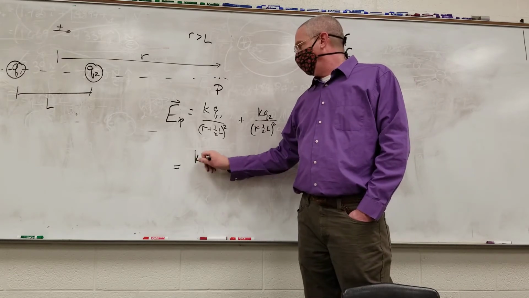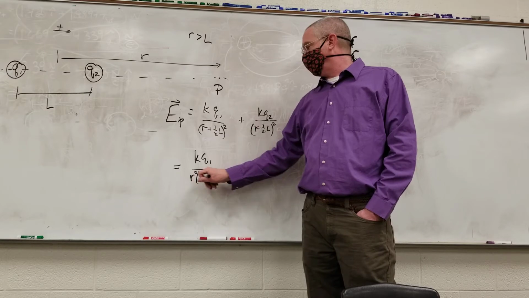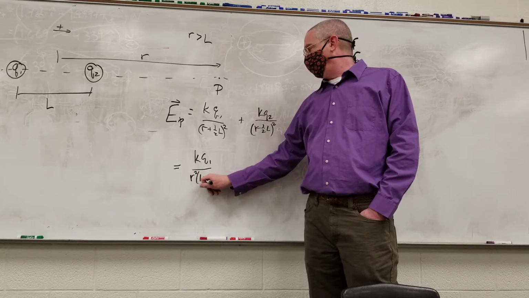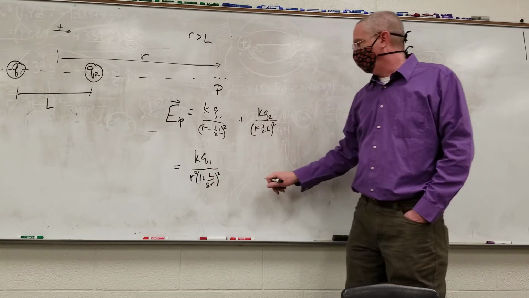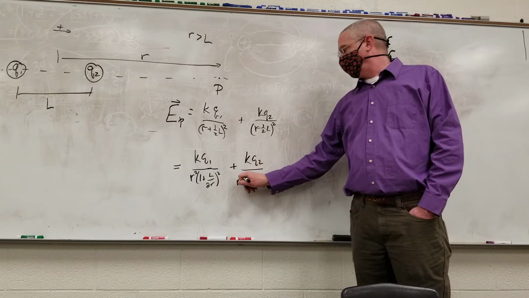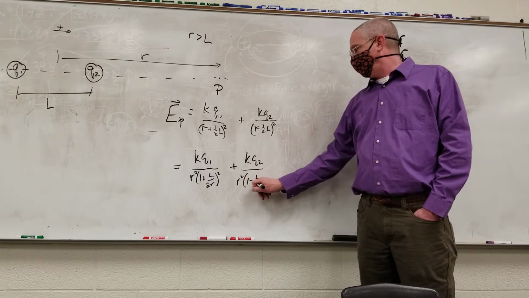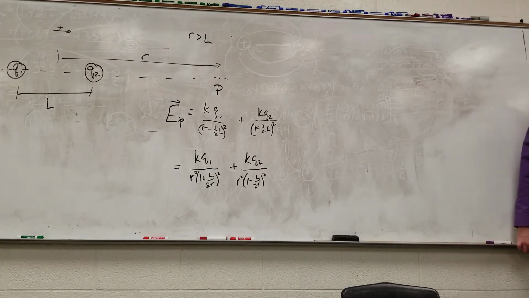So I have kQ1 over R squared times 1 plus L over 2R, quantity squared, plus kQ2 over R squared, 1 minus L over 2R squared. So relatively straightforward.